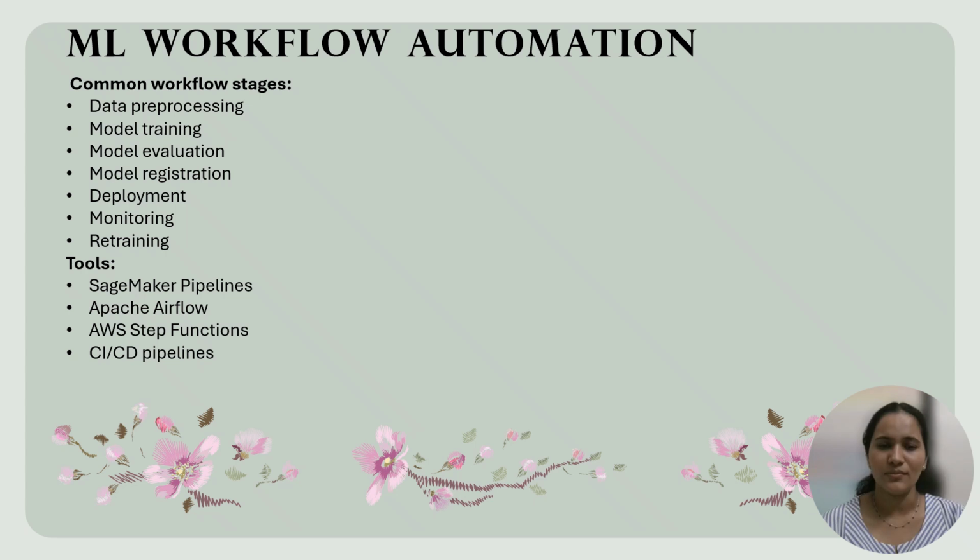Now, machine learning workflow automation. It helps to reduce manual effort and ensures that every stage of the machine learning lifecycle is consistent and repeatable. The workflow usually begins with data processing, where the data is cleaned and prepared for training. Next, the model is trained and then evaluated to measure its performance.